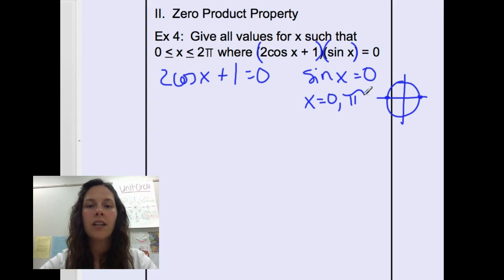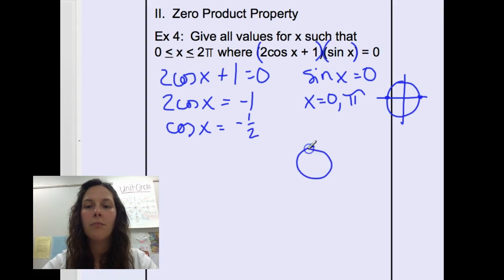Taking a look at our cosine, subtracting 1 from both sides and dividing by 2. Where on the unit circle is cosine equal to negative 1/2? Again, remember cosine goes backwards. So when we're looking 3, 2, 1 for cosine, that would be at pi over 3 if we were looking at positive 1/2.